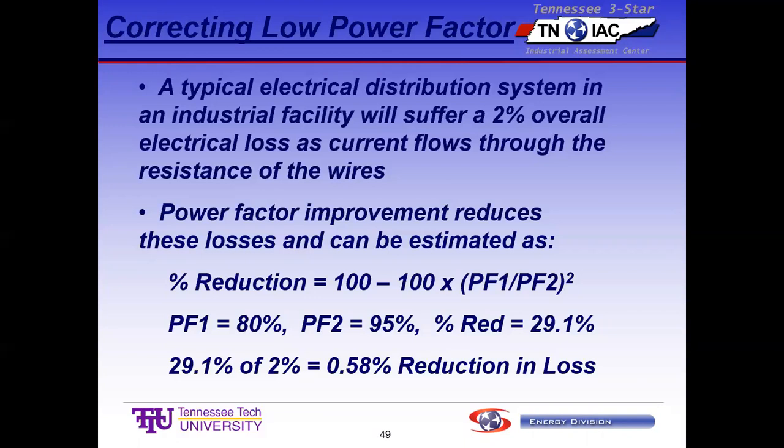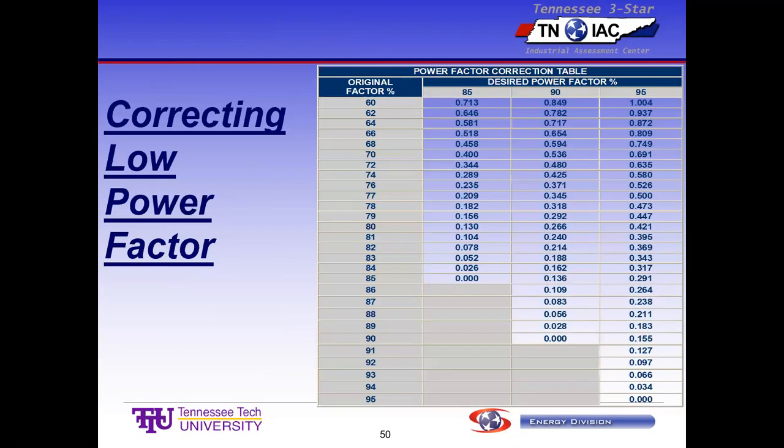So this one comes out, I guess, 2% of 29%, which is like 0.58% as additional savings from reduced line losses. That's pretty much down in the weeds a little bit, but it's typically there. There are tables out here. If you don't want to do Pythagoras' theorem, you can use tables.